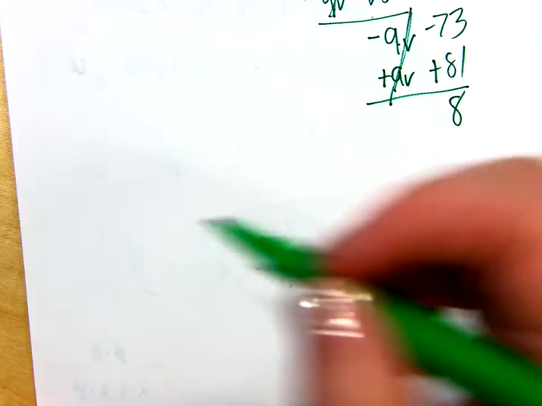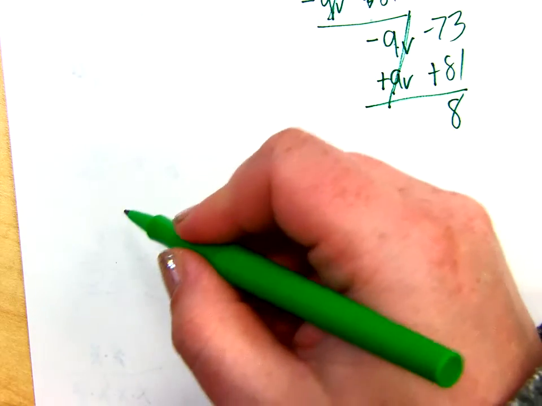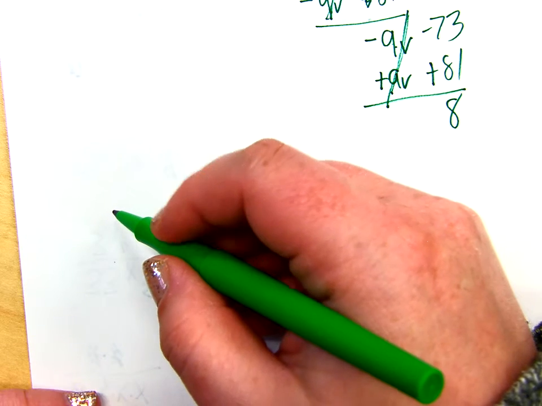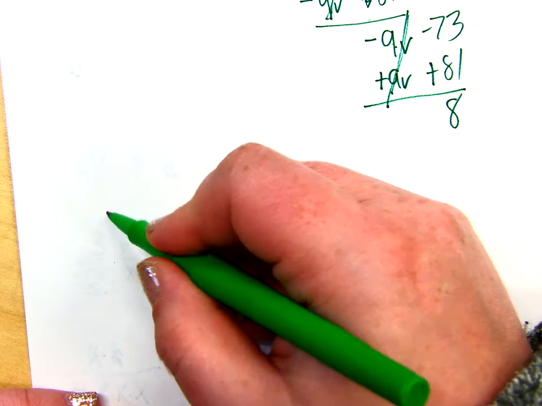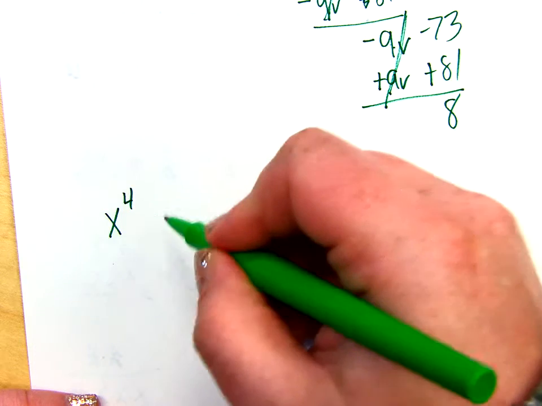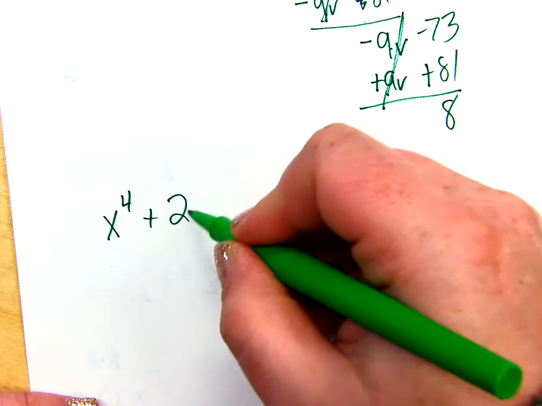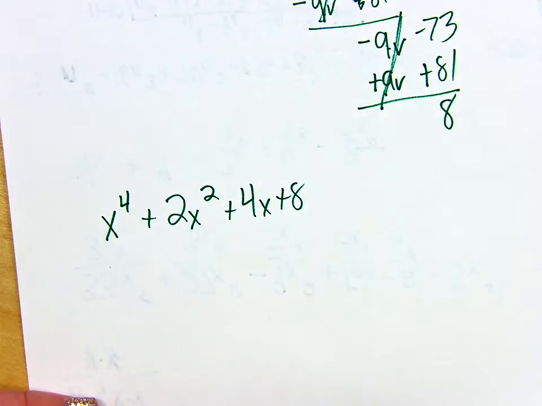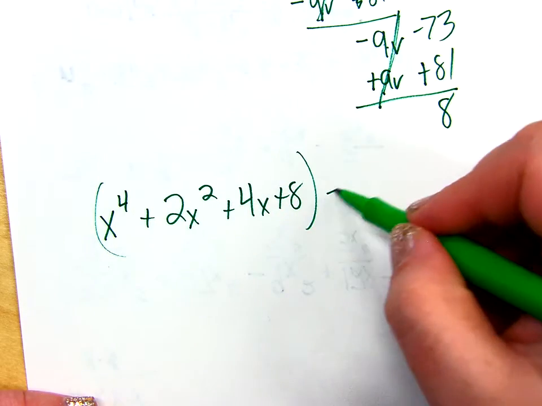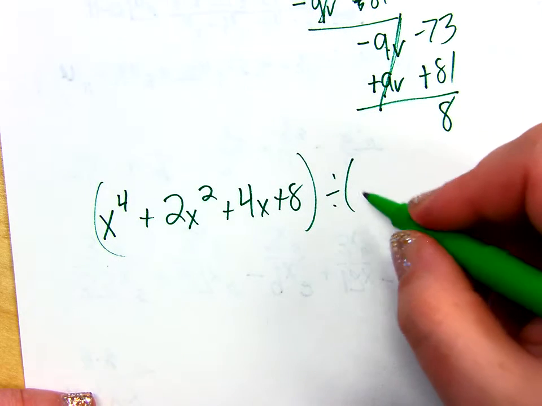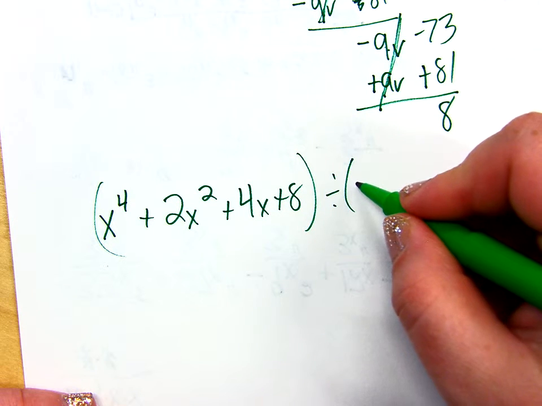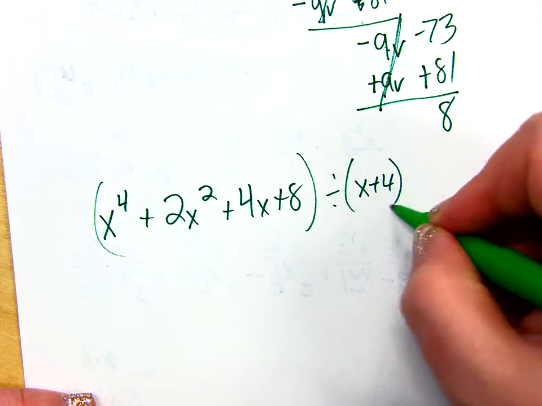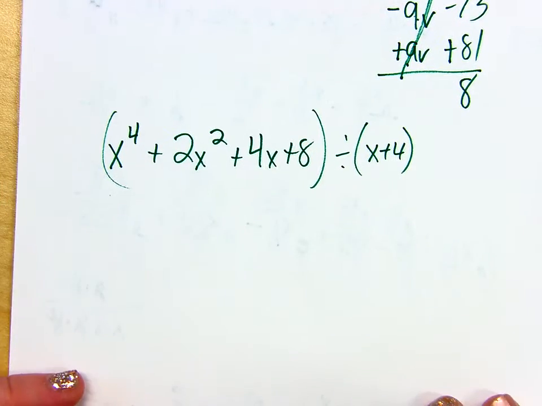So, let's make one up. Say I had that, and I wanted to divide it by, I don't know, x plus 4. I have no idea how these numbers are going to come out.